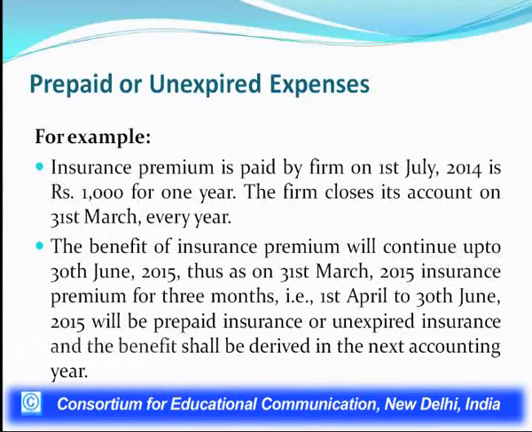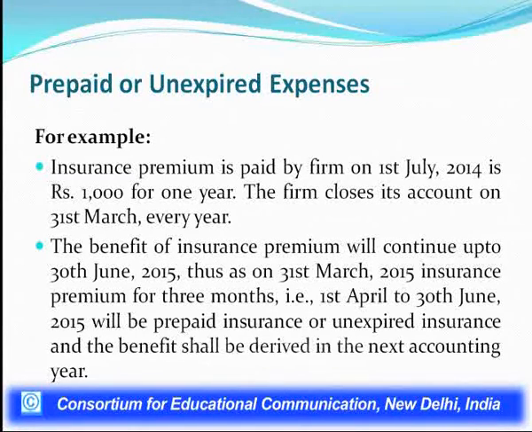Another thing is that there may be a hidden adjustment. In the example which I have given you, insurance premium is paid by the firm on 1st July 2014, rupees 1000 for 1 year. The firm closes its accounts on 31st March every year.